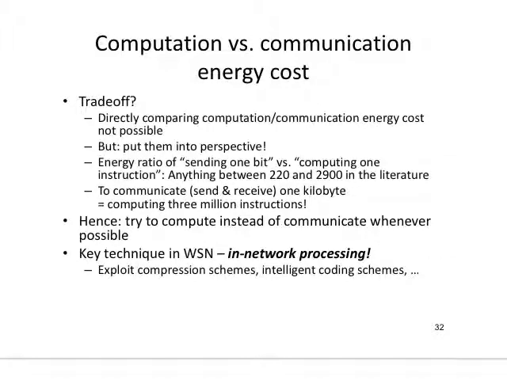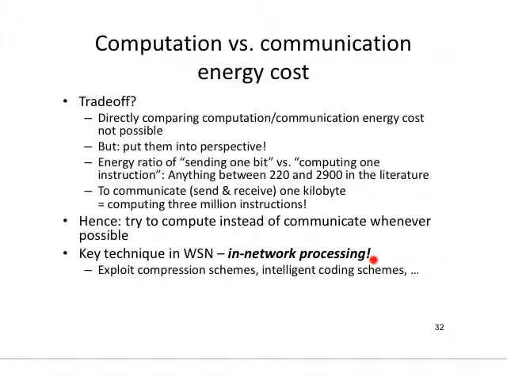This is a big motivation that tells us you should always try to compute more if you can communicate less. Okay? Yes. This is huge. This is a big conclusion now. So this is the big motivation for a field which is very specific to sensor networks, which is what we call in-network processing.